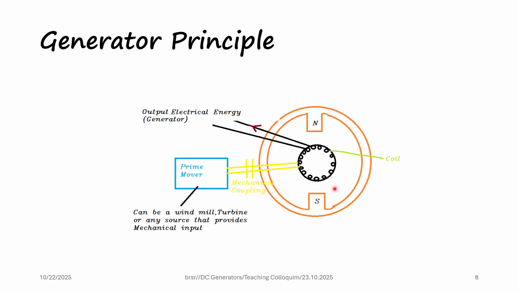When this coil is rotated in a magnetic field, there is a change in the magnetic lines of force, and that causes a current to flow in the external circuit. So this is the principle of a generator: there is a magnetic field, a coil, and a prime mover capable of giving a mechanical input to the machine.